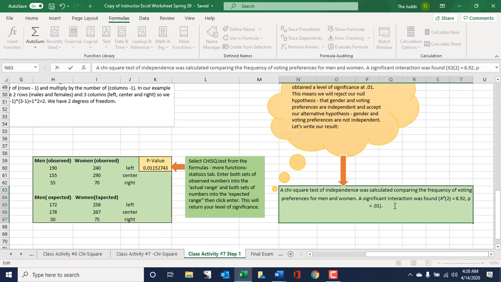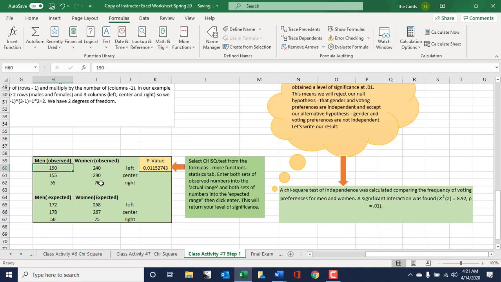So when we say this, we can actually look at how women were more likely to have a voting preference for the center than men. Women were more likely to have a voting preference for the left than men, and for the right than men. So therefore, the women did have more of a voting preference. They aligned more with the voting preference than what men did.